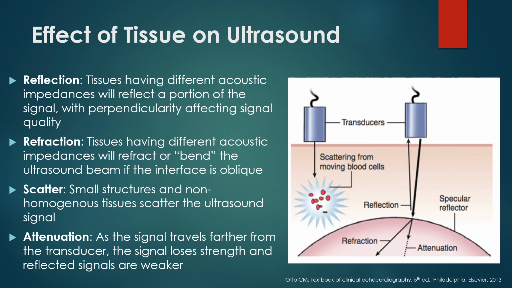Refraction: tissues with different acoustic impedances refract or bend the ultrasound beam if the interface is oblique, which affects the quality of the signal. You have scatter, where small structures and non-homogeneous tissues scatter the ultrasound signal, so it's not a very discrete tissue interface. And attenuation: as the signal travels further from the transducer, the signal loses strength and reflected signals are weaker. This is what you get when you talk about deeper structures further away from the skin and the transducer.